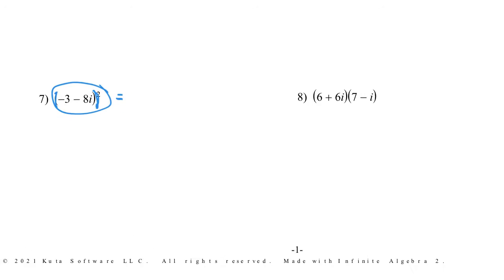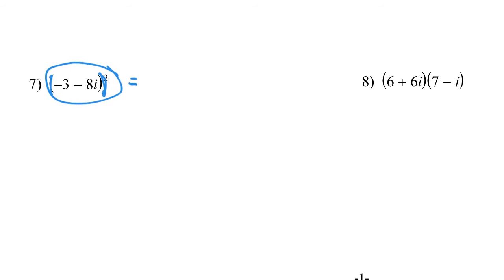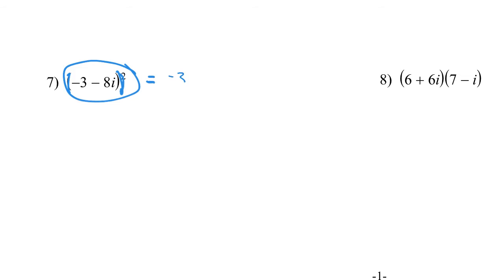So I'm looking at number 7 here. If I have anything in parentheses squared, what does squaring something mean? It means multiply it by itself. So I'm going to multiply -3 minus 8i times -3 minus 8i.